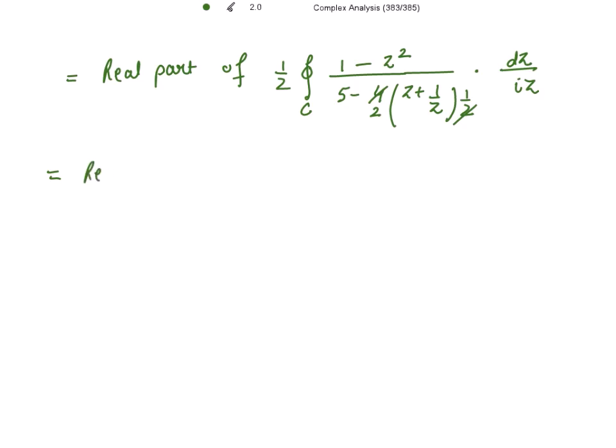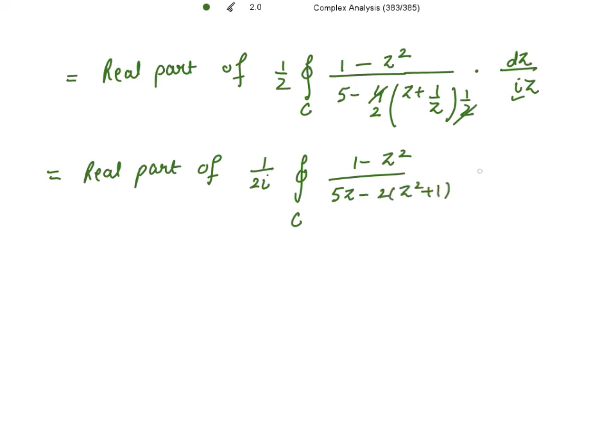So this is further equal to the real part of 1 divided by 2 iota. I am taking this iota outside of this integral. 1 minus z square divided by, when you solve this, you will get 5z minus 2 into z square plus 1, dz.